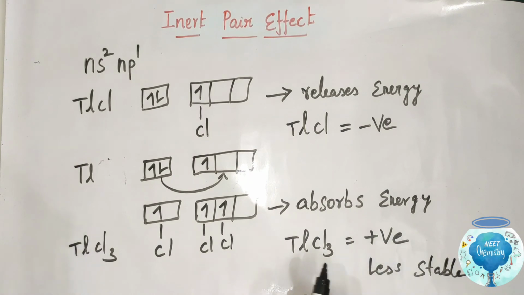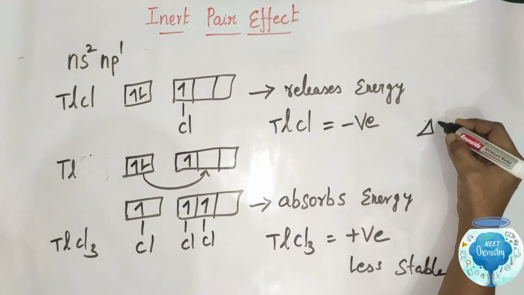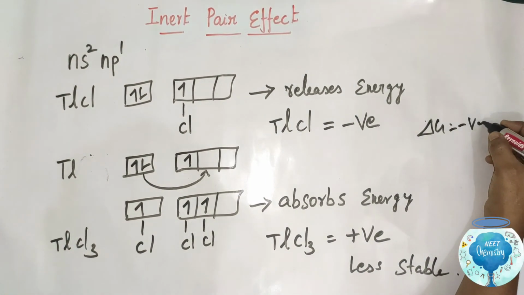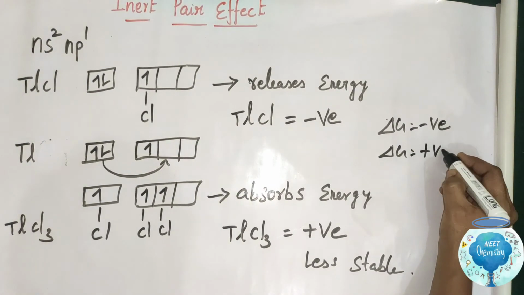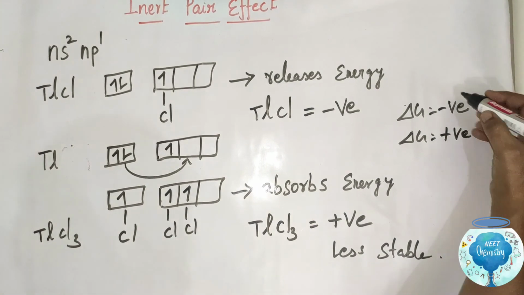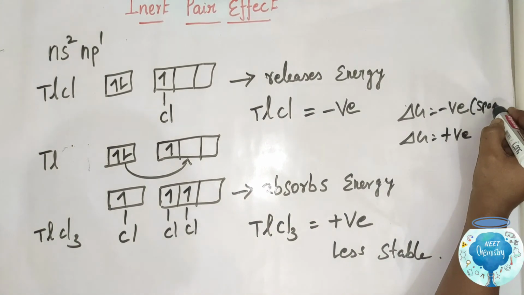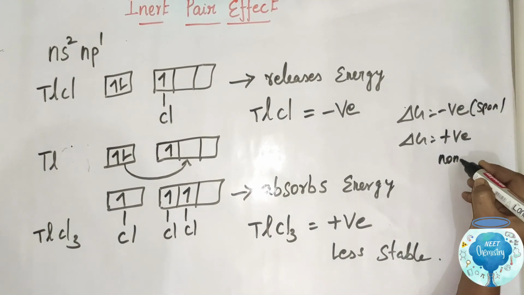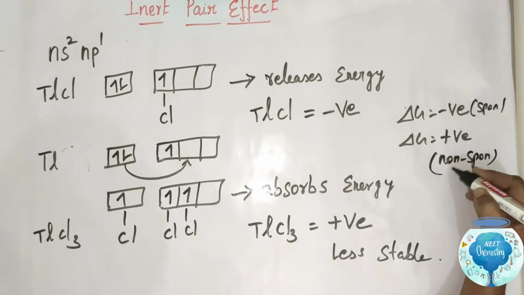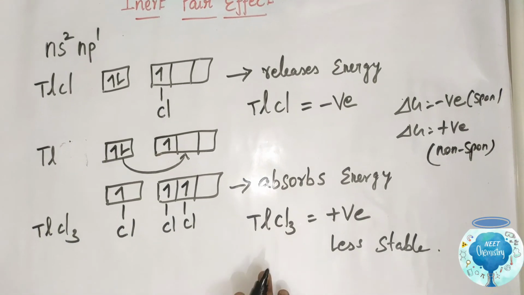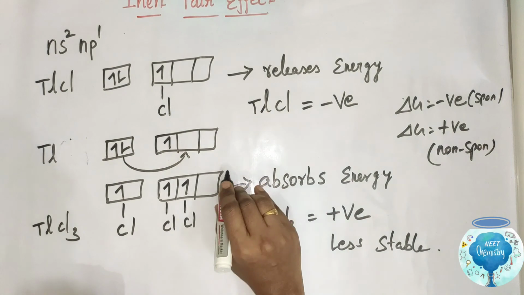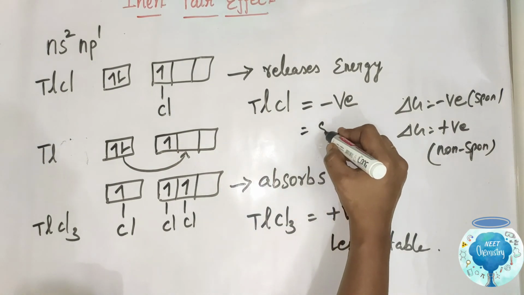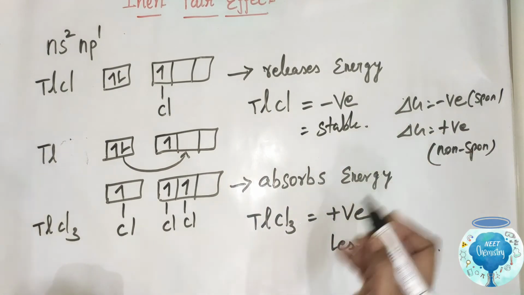Already we know that a negative delta G value means a spontaneous process, and a positive delta G value means a non-spontaneous process. So thallium trichloride has a positive energy value and is less stable. A negative value is more stable.